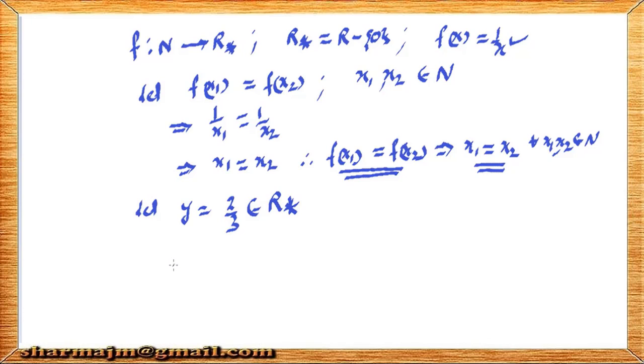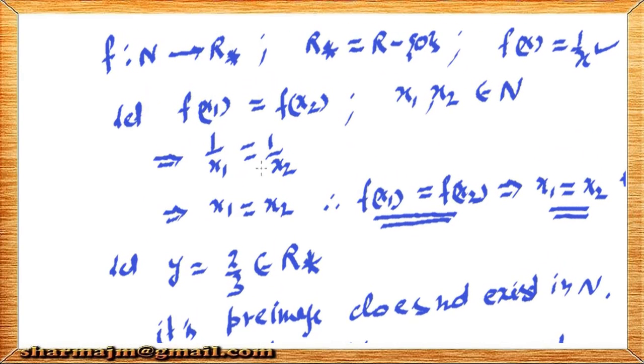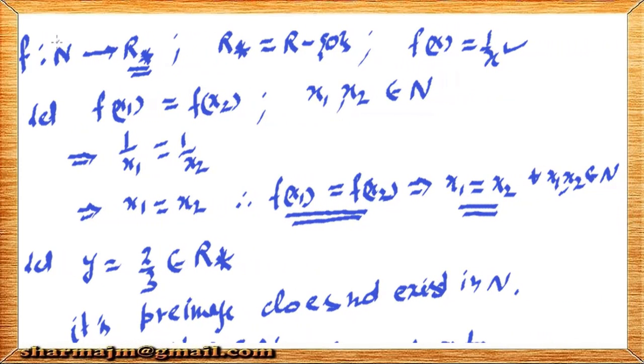Now its pre-image does not exist in N. Here we can also see this R star denotes real numbers. So if we take fractions, then their pre-images will also be fractions, and that will not be in N. Hence this function is not onto.